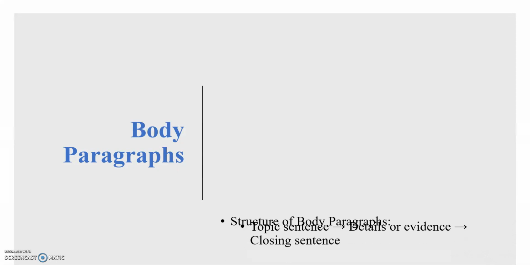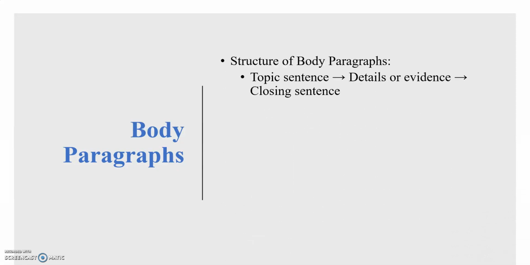Now let's talk a little bit more about body paragraphs for this paper. So generally, the structure of body paragraphs is pretty straightforward. You have your topic sentence, we just talked about those. Then you give details or evidence supporting that topic sentence or elaborating on that main point. And then you have a closing sentence, a kind of wrap up to summarize what this paragraph has been about.